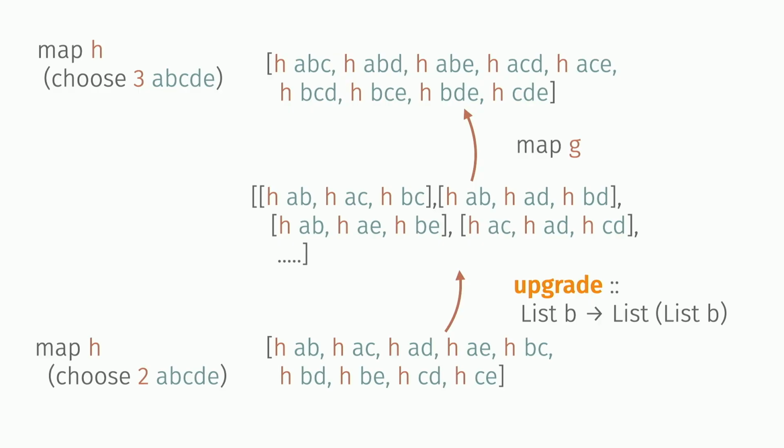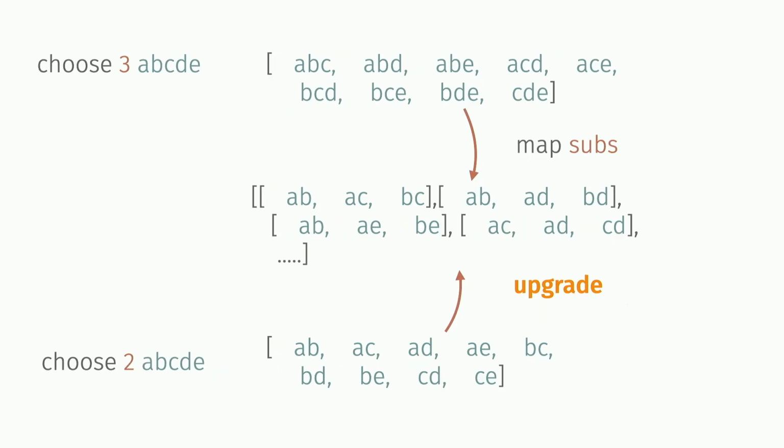Right, upgrade should be a natural transformation. So if we just forget about h, what is level 2.5? AB, AC, BC is actually the sublist of ABC. AB, AD, BD is actually the immediate sublist of ABD. So actually, we get level 2.5 from level 3 by doing a map subs.